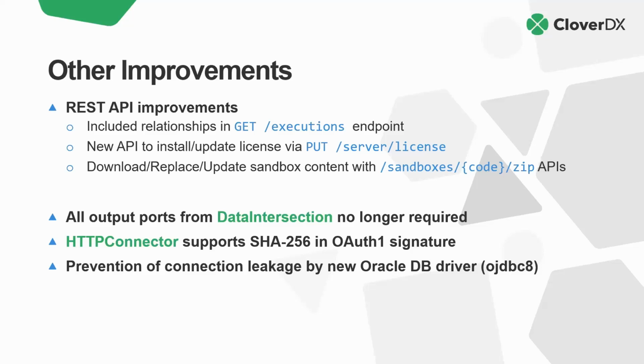We added new endpoints to install or update a server license, which should come in handy for headless deployments, when you use Terraform or other tools to deploy your infrastructure. So this call may be helpful if you need to install a license in an automated fashion. There are other ways to do it, but we added this one just to support exactly these scenarios where you use tools like Terraform.